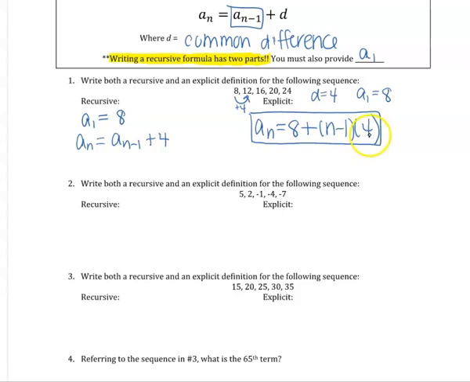Something that they could do is simplify this. And they would do that by distributing the 4 and then combining like terms. So that's what? 4 plus 4n or 4n plus 4, something like that. Either one of those is acceptable, but like I said, unless I'm forced to simplify, I tend to leave it in this exact form.